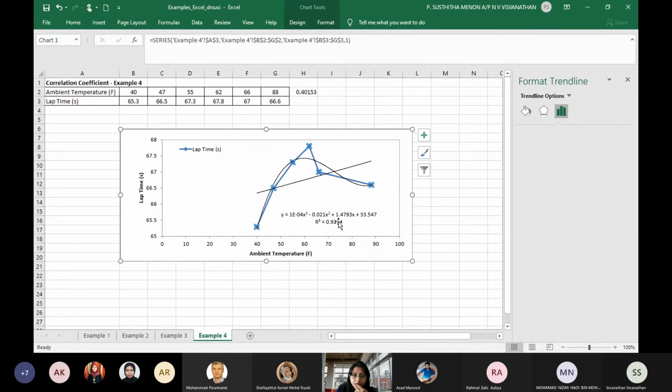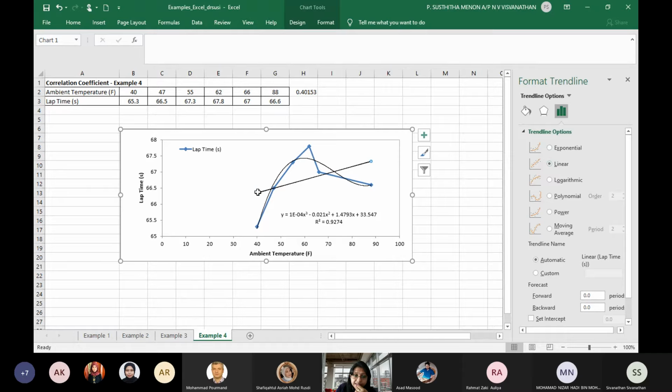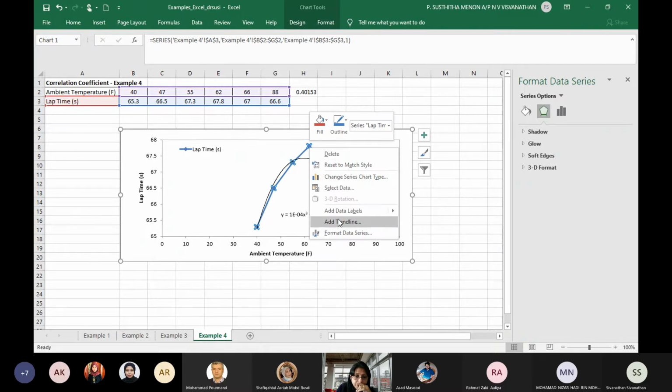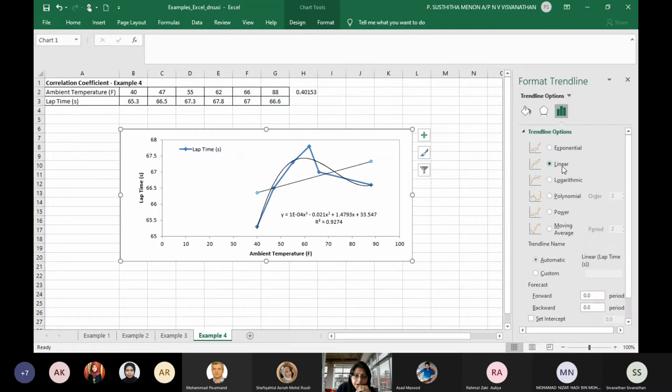So at the trend line, if it's linear, you can see that it doesn't match with the data points. So it should be an exponential. So let me delete this. Okay, so it should be an exponential trend line. Okay, so it fits nicely with your data.